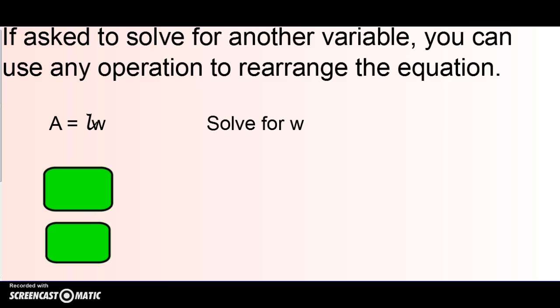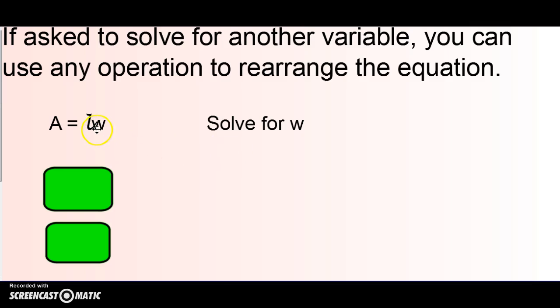All right, so in this lesson, they're asking you to find how to solve for another variable, and you'll rearrange the equation to do that. So let's start real simply with the area of any, let's say, rectangle or square. You would say it is length times width. And so to solve for W, that's your goal.